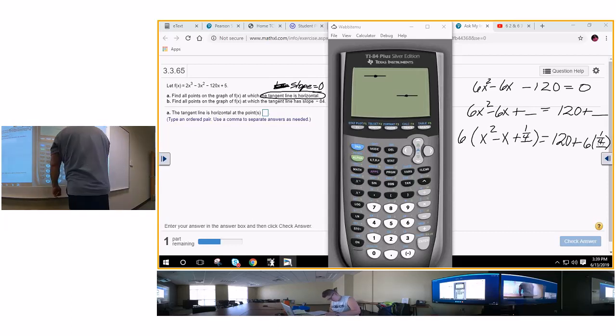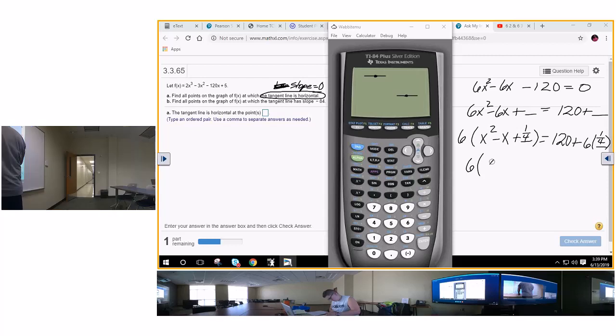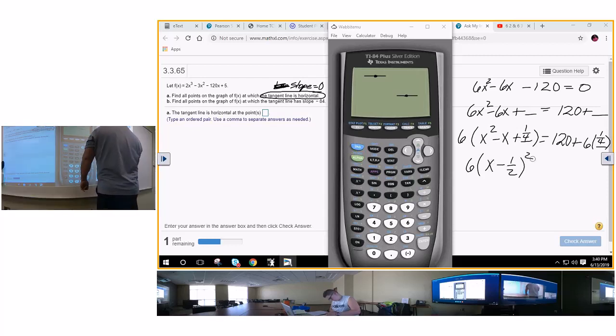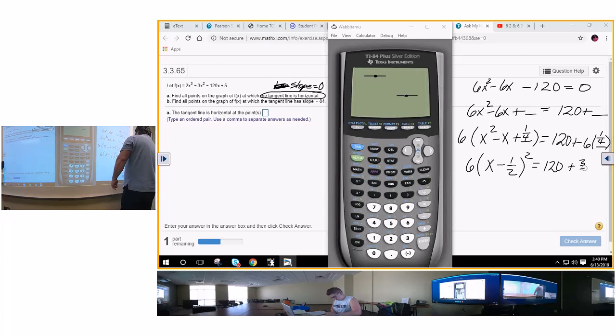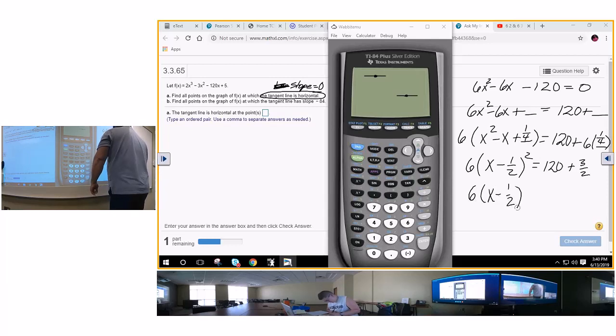And that's going to give us 6 times (x minus 1/2) quantity squared is equal to 120 plus 6 over 4, which is what? 3/2? Plus 3/2, that's going to be 240 over 2. So that's going to be 243 over 2. Somebody check me. 6 times (x minus 1/2) quantity squared is equal to 243 over 2? Yeah, that's right.